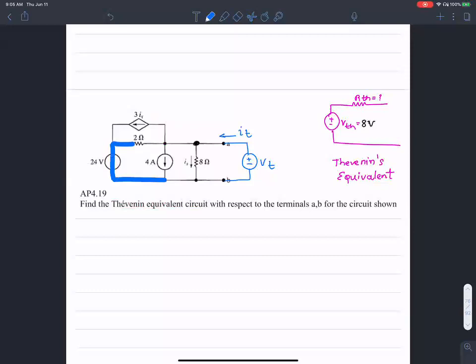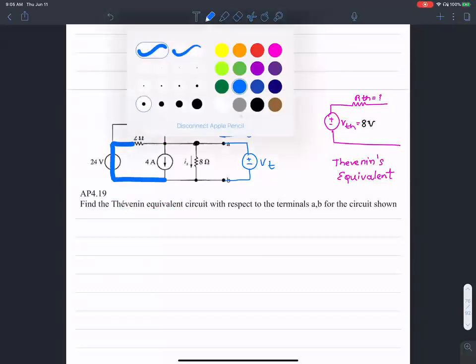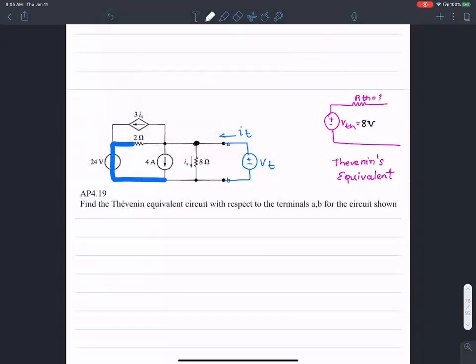I deactivate the voltage source by short circuiting it, and I deactivate the current source by open circuiting. These are the only two independent sources. I don't touch this guy. That's a current source, but it is not an independent current source. It's a dependent current source, so I don't modify it.